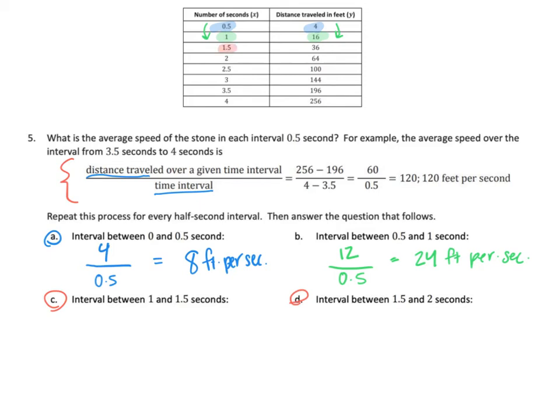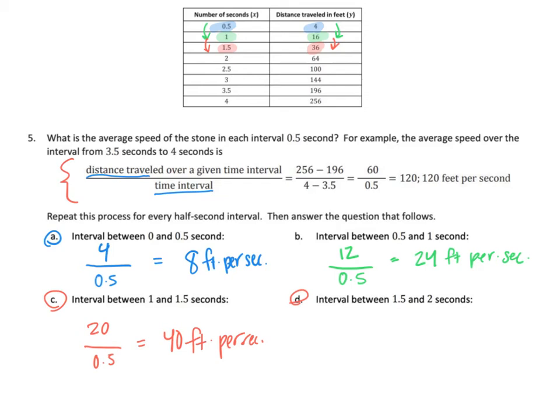All right, between 1 and 1.5, I'm increasing another half a second. And the distance that I'm increasing, I'm going from 16 to 36. That is a difference of 20. 20 divided by 0.5 is 40 feet per second. Okay, check that with mine.